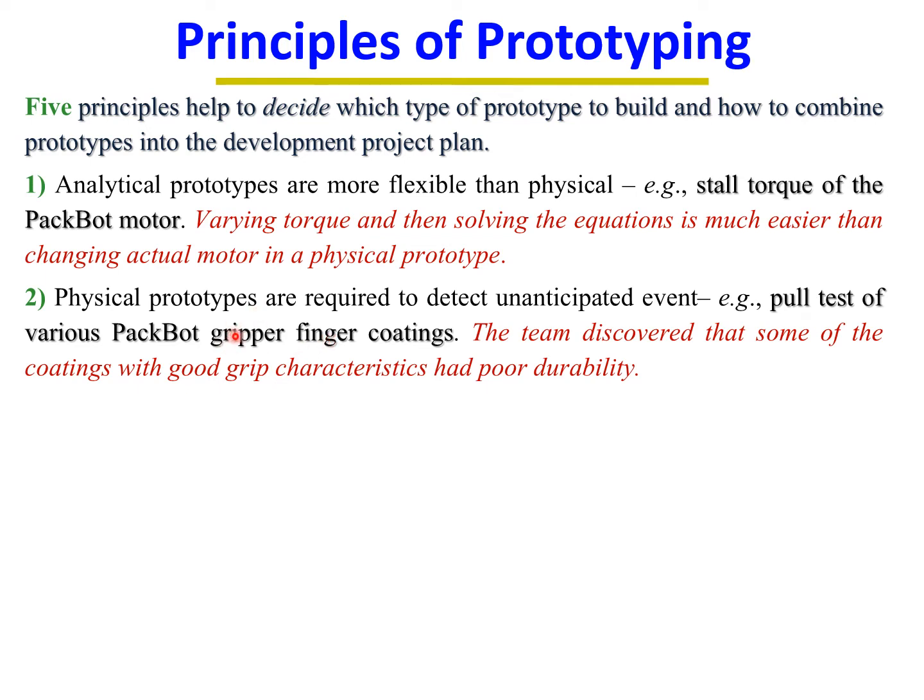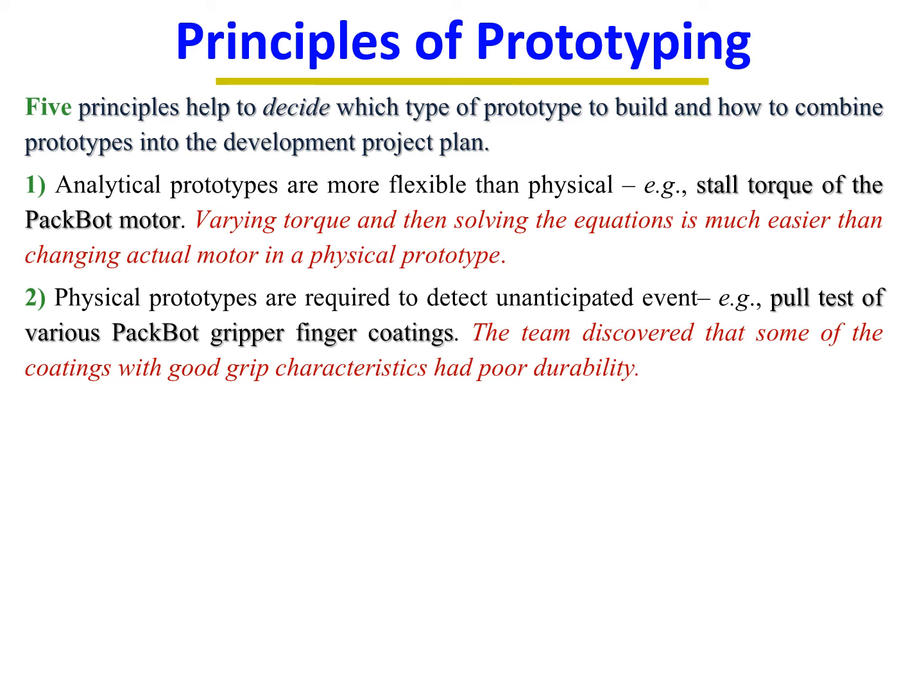The gripper is there, the fingers are there in the gripper, the coatings are there. So what will happen when we pull them at different loads by different forces and so on? It is very difficult to do analytically, right? But physically you can do it. So the team discovered that some of the coatings with good grip characteristics had poor durability.